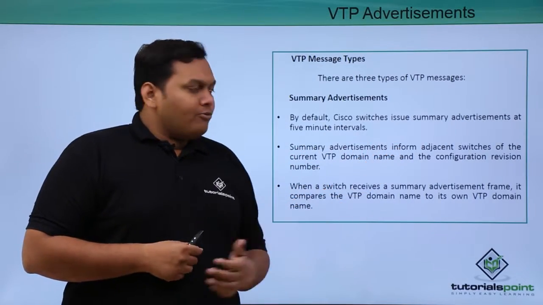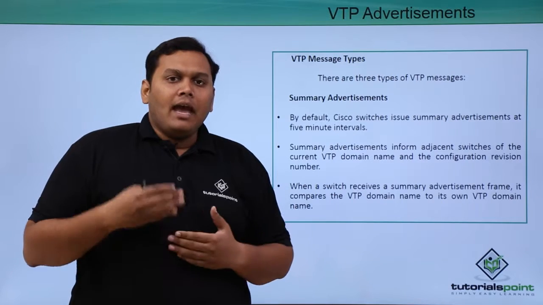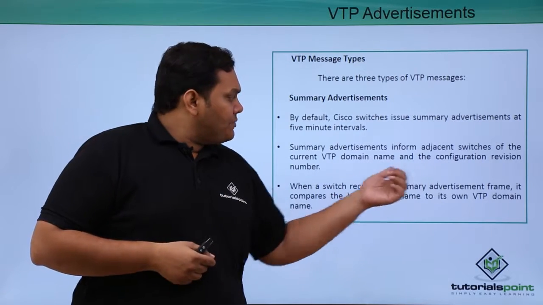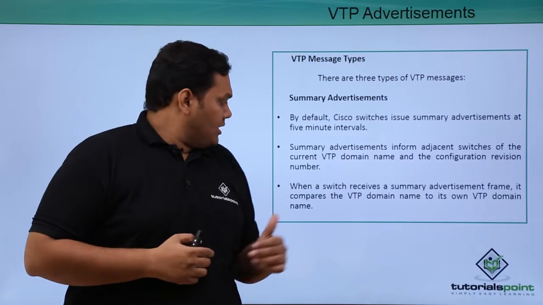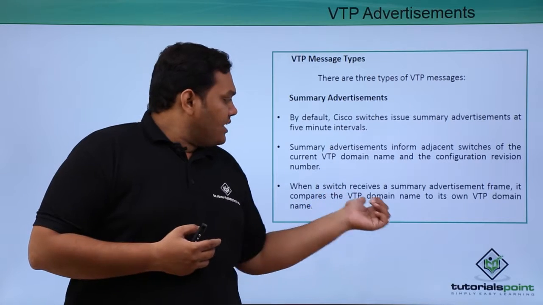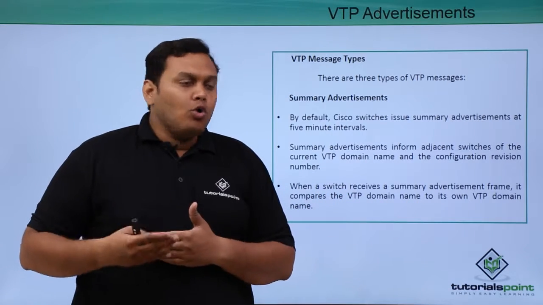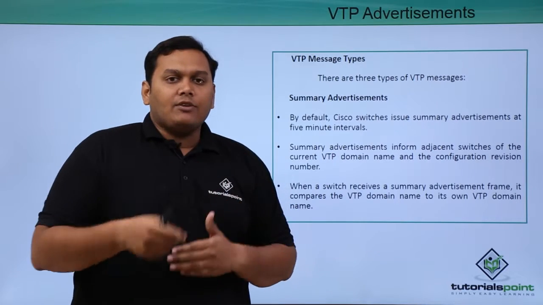Summary advertisements inform adjacent switches of the VTP domain name, and the configuration revision number is advertised to the neighboring adjacent switches. When a switch receives a summary advertisement frame, it compares the VTP domain name to its own VTP domain name.